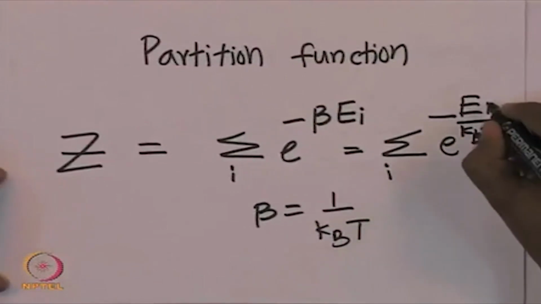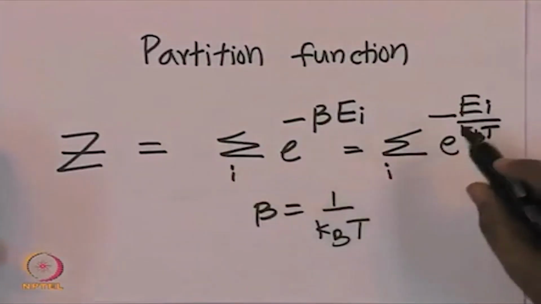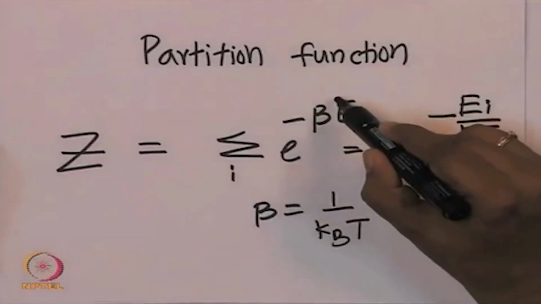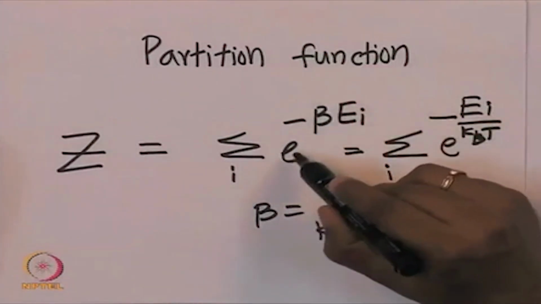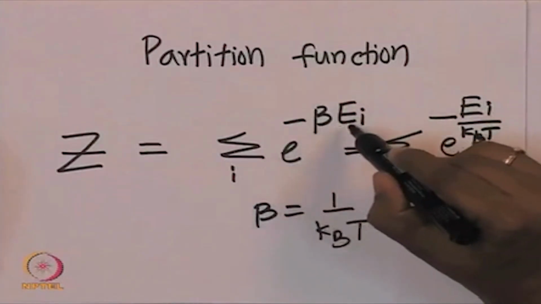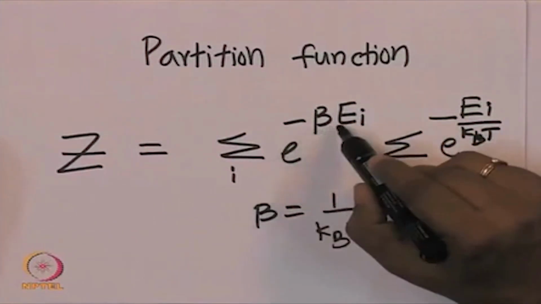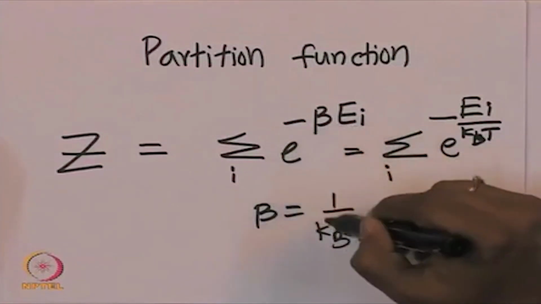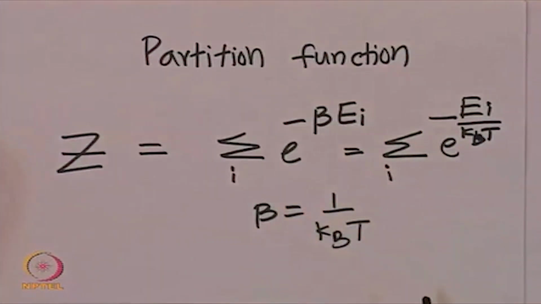If you imagine that the system is in state i, and the energy of the system in state i is Ei, and you know the energy of the system for every state, you exponentiate it, e power minus beta times Ei, where beta is 1 over kBT, kB is the Boltzmann constant and T is temperature.